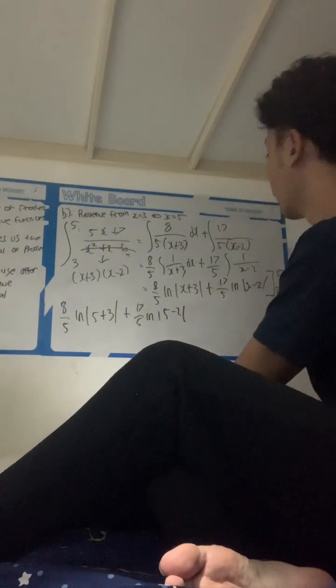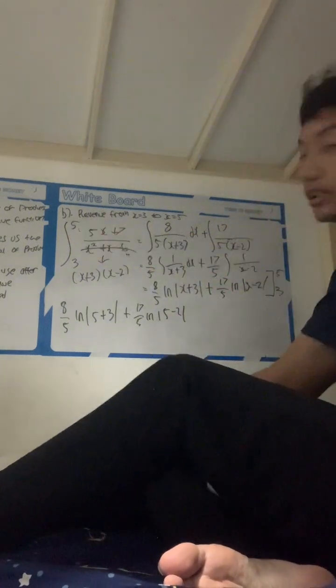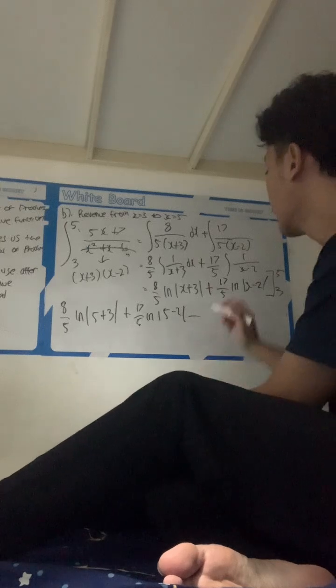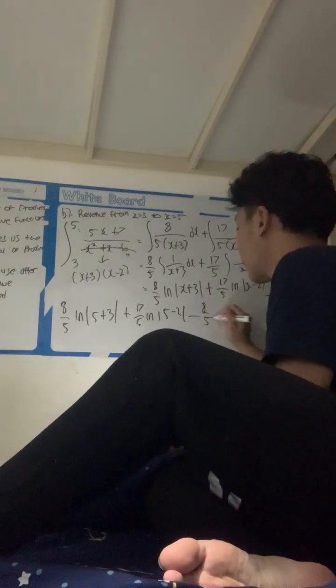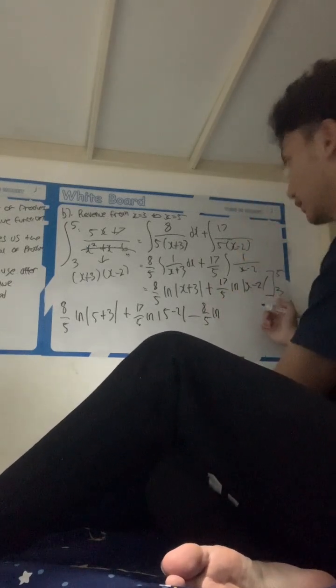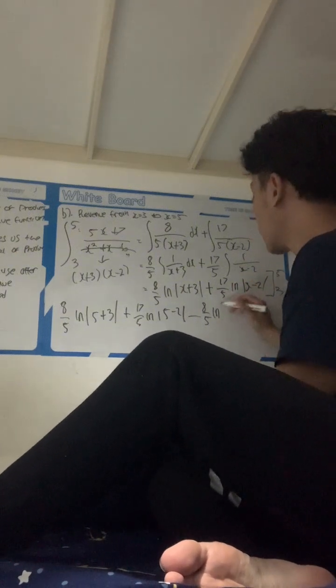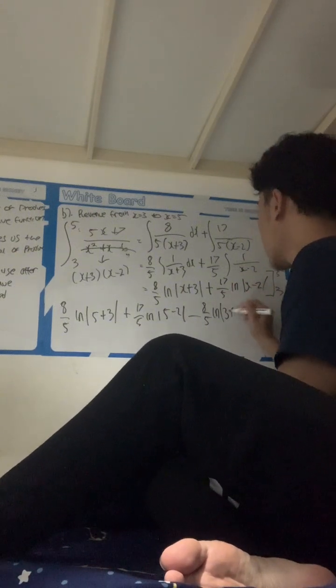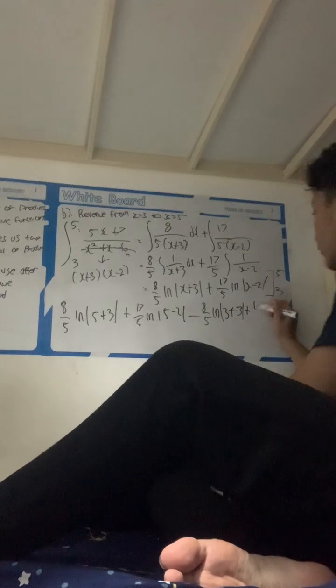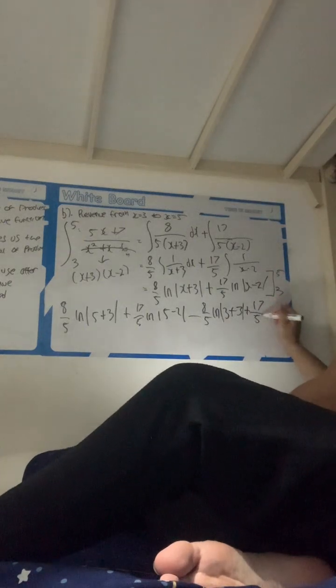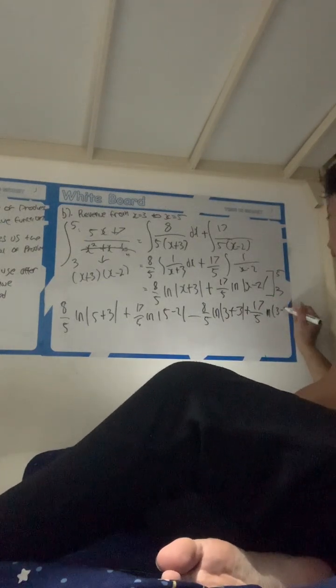Then we use the first definite integral minus the 8 per 5 ln of the second definite integral here. So we just use 3 plus 3 plus 17 per 5 ln 3 minus 2.